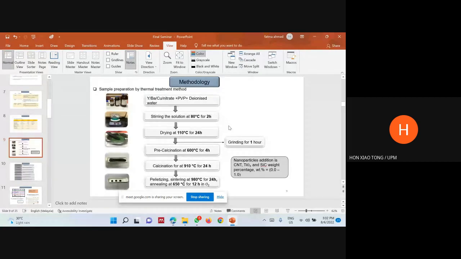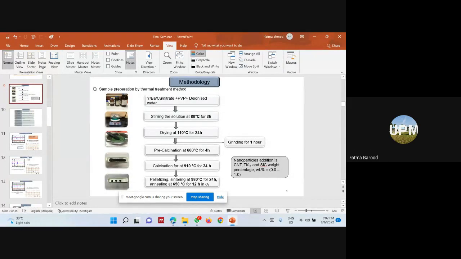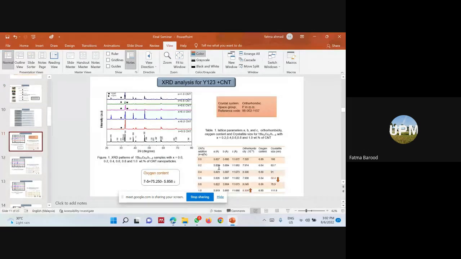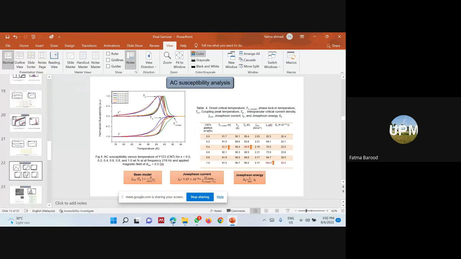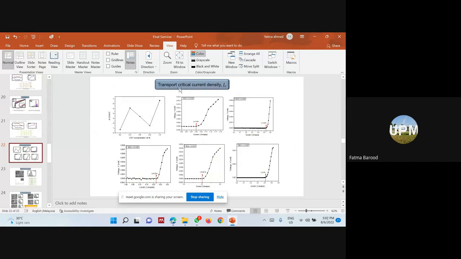Okay, according to the result I have, I think carbon nanotube was the best nanoparticle, because from the result we see the Tc increased for our samples, and also from the electrical transport critical current density, we see the Jc was increased.